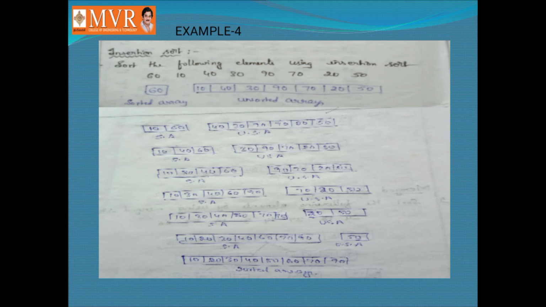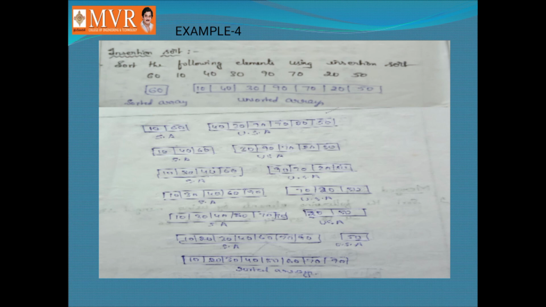Compare it with the next element, 30. 20 is smaller than 30. So what do I have to do? I have to swap the element or insert it in front of 30. After that, the elements in my sorted list are 10, 20, 30, 40, 60, 70 and 90.